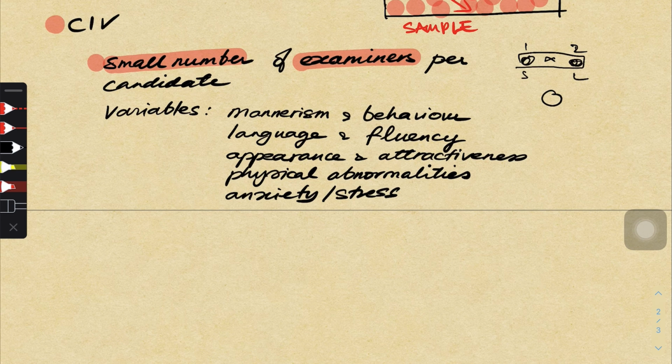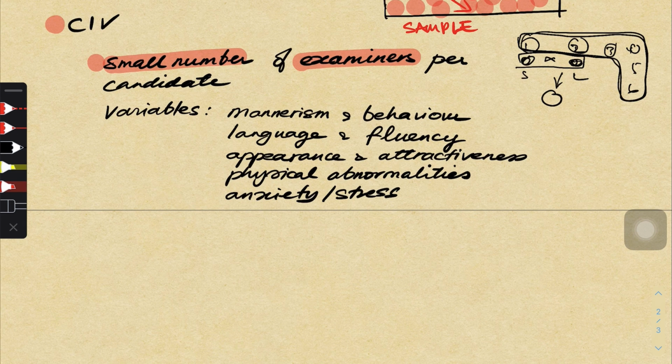Whereas if you have a lot of examiners, 3, 4, 5, 6, then any individual discrepancies, any individual characteristics of each examiner can cancel each other. So you tend to get higher agreement on decisions regarding this candidate. In oral examinations, there is a small number of examiners per candidate, especially in long cases, and that can be a CIV threat.